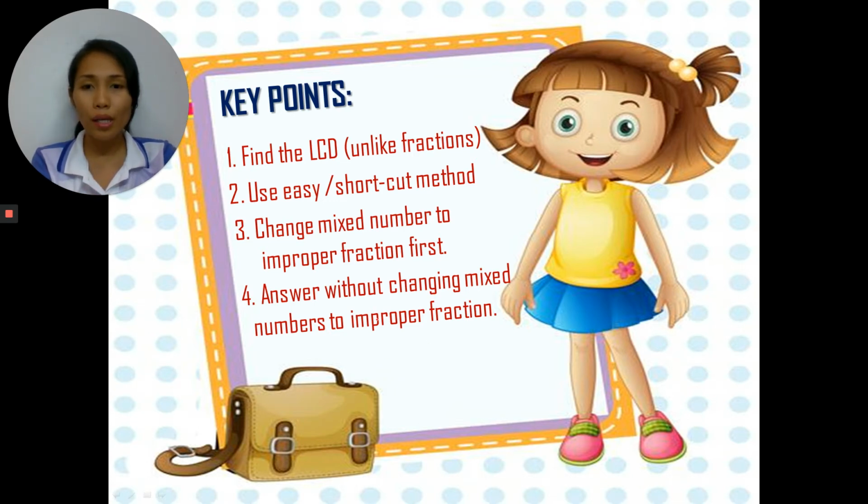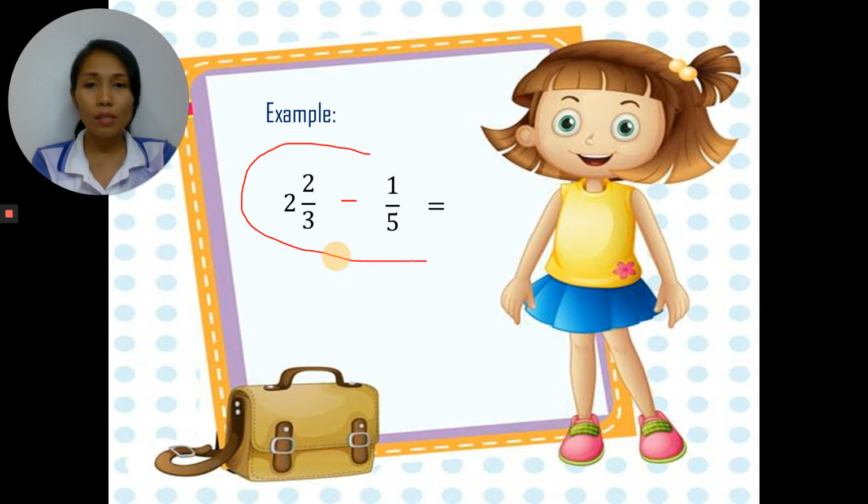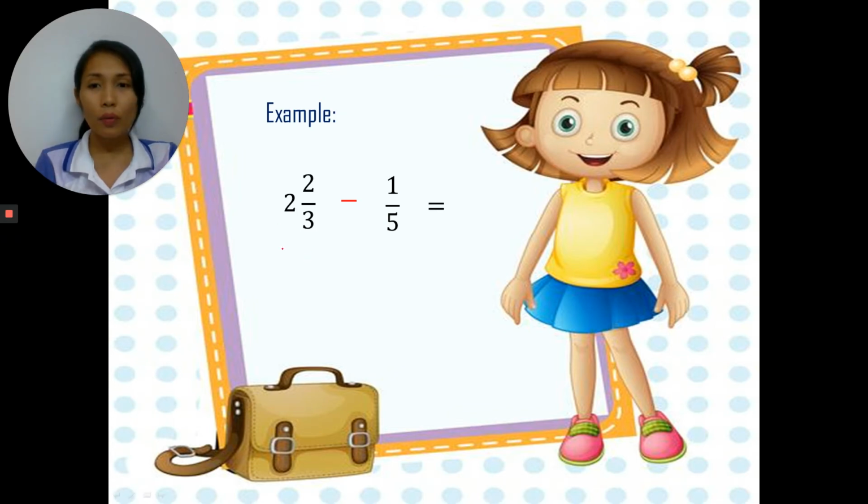This number 4 is the same fraction as we have a while ago. In here, we're going to find the answer without changing the mixed number to improper. We will separate the whole number from the fractions.